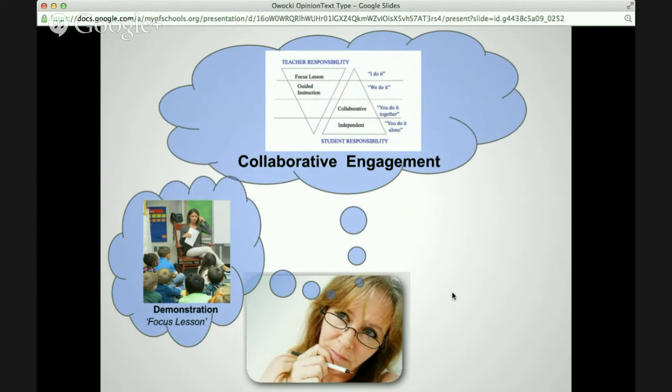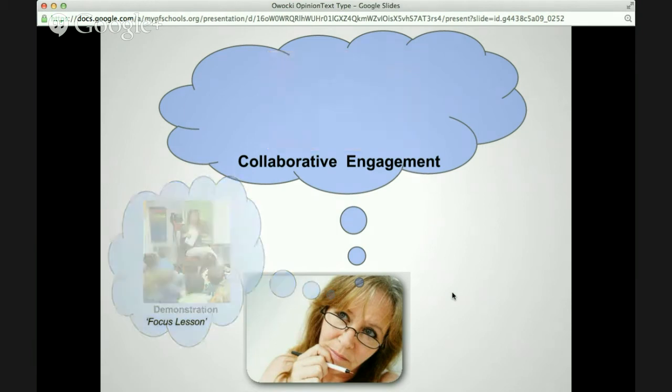You are taking total responsibility at the beginning, but gradually you release that responsibility into a shared responsibility. Finally, the collaborative learning, where students are doing it without you. You're watching to see who knows what and where reteaching needs to occur, so that eventually kids are able to write proficiently with good complexity and independence, which is what Common Core is asking for.